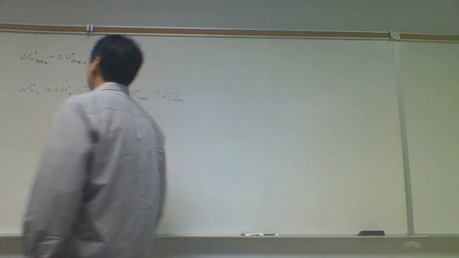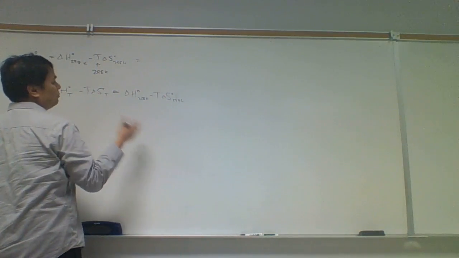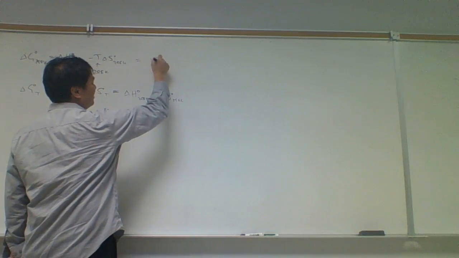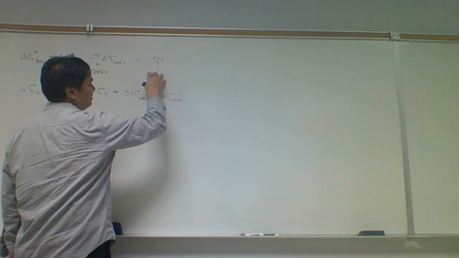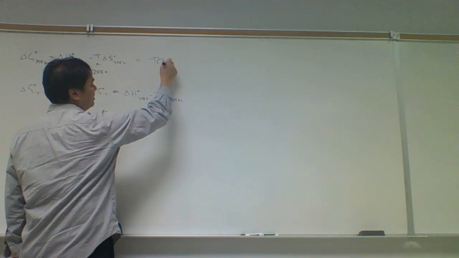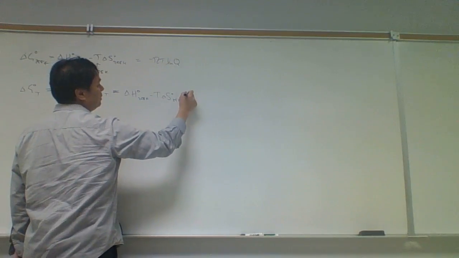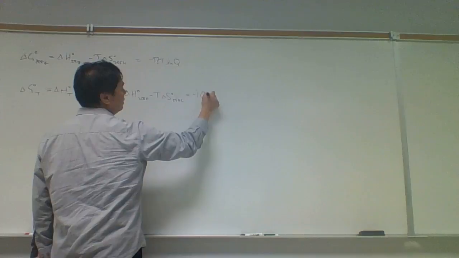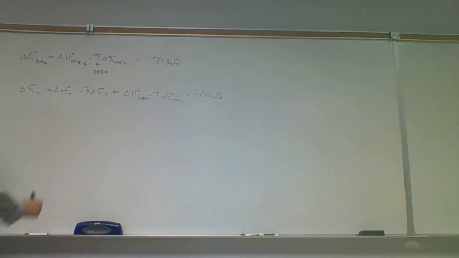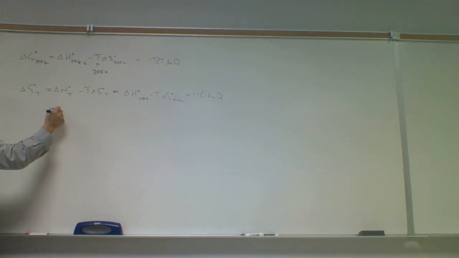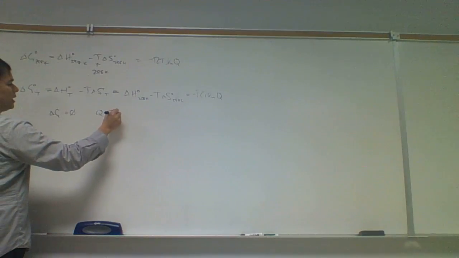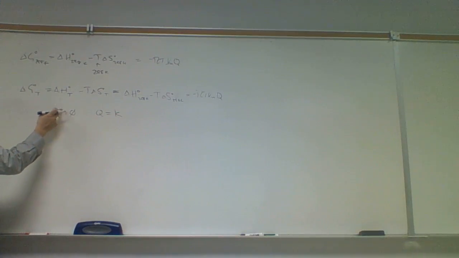All right, this is going to equal, from our relationship, we can derive this from the non-standard conditions, but maybe not necessary, minus RT ln Q. Now delta G is equal to 0, and then Q is equal to K. And this delta G could be standard or non-standard.